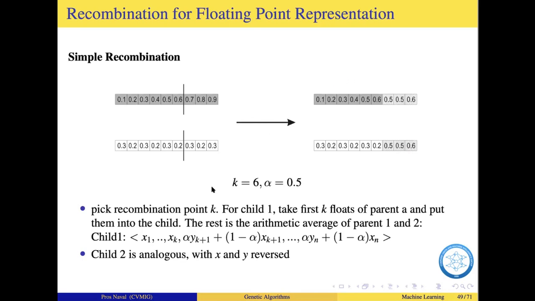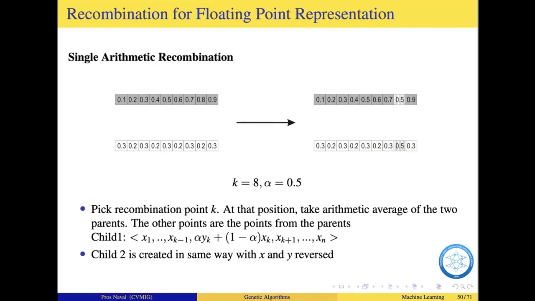For child 2, it's with x and y reversed. So for child 2, you do the same for the tail end. The tail end of these two is going to be the same, but this part here is going to be taken from the second parent. For single arithmetic recombination, we pick a recombination point k.